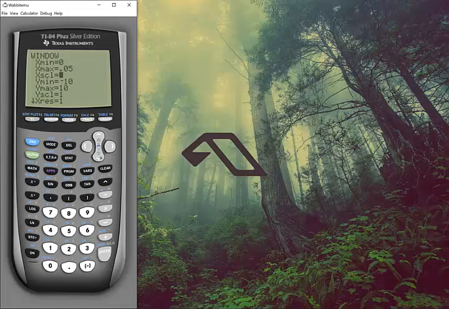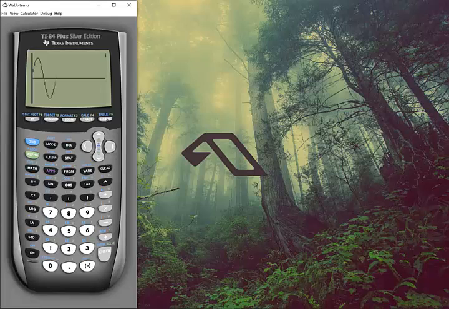Leave the scale as 1. Your y minimum is negative 200 and your maximum is 200. Everything else below doesn't matter. Just make sure your scales and your maximums and minimums match. And then we hit graph.